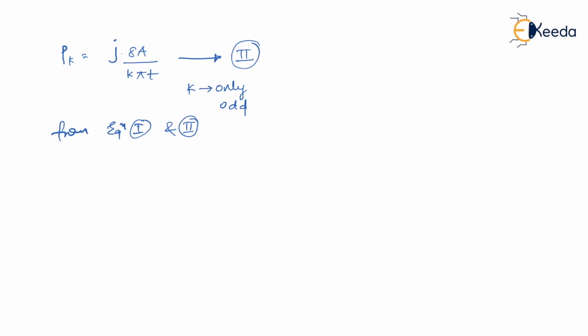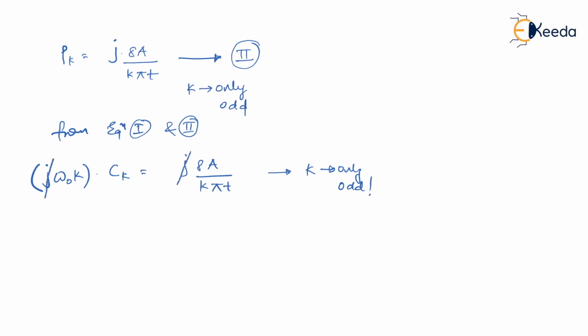I can rewrite this as j omega naught k times ck is equal to j 8a upon k pi T. Here I am again mentioning k being only odd. Further, j and j get cancelled. Omega naught k being constant, I can transfer it to the right hand side. Now it becomes 8a upon omega naught k times k pi T.